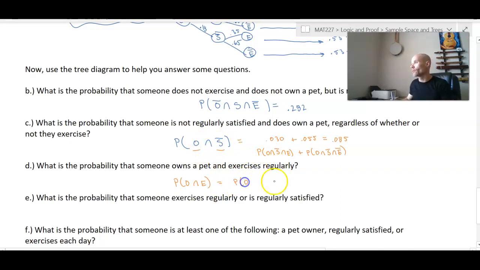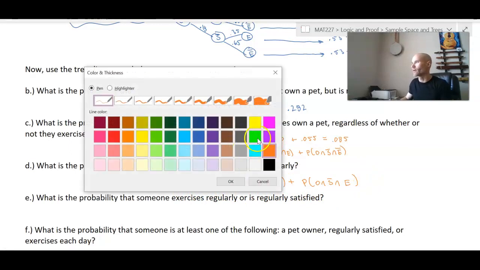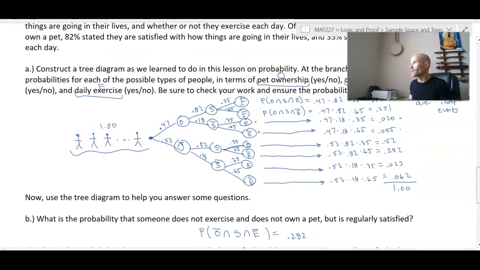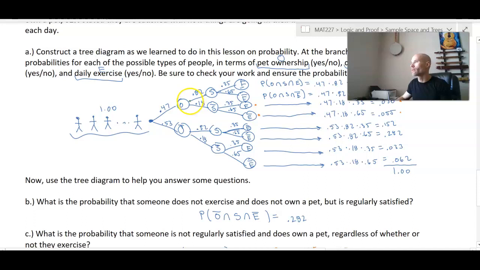So there are pet owners who exercise, who are satisfied. There are also pet owners who exercise and are not satisfied. Notice that I'm just filling in the blank. This constitutes all people who do both of these things. Let me pick a different color here. Let's go with lime green. So I can add these 2 percentages together, or really I just have to focus on O and then E. Whether or not they're satisfied, we just want O and E. So that's these people, they're pet owners and exercise.